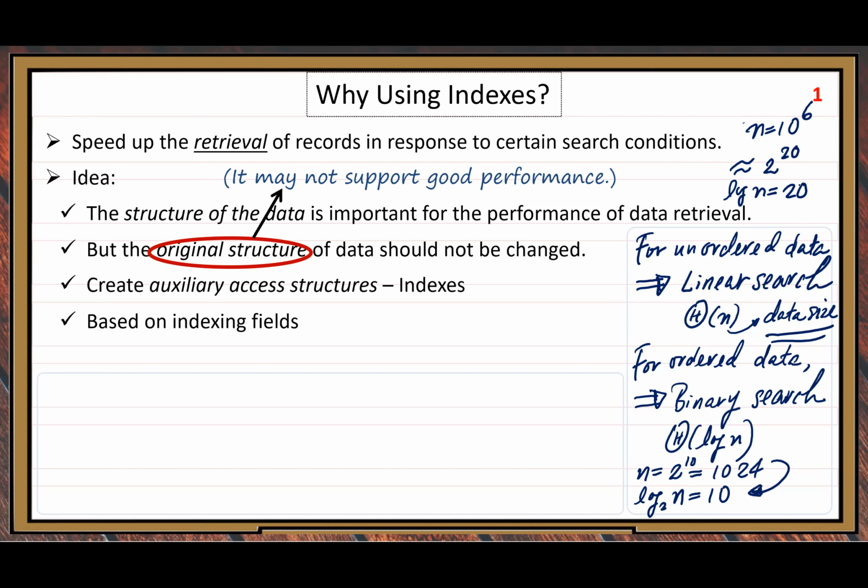You do not need to worry about it. You just tell the DBMS, I want to select this field as an index. Then the DBMS will create auxiliary data and do the sorting, make it ordered.